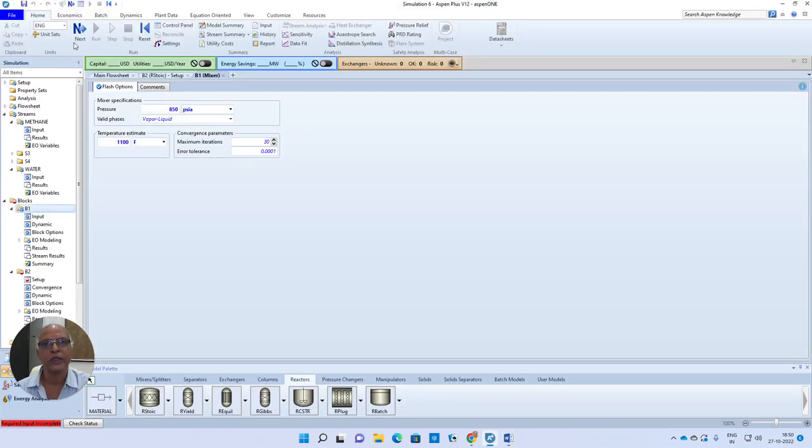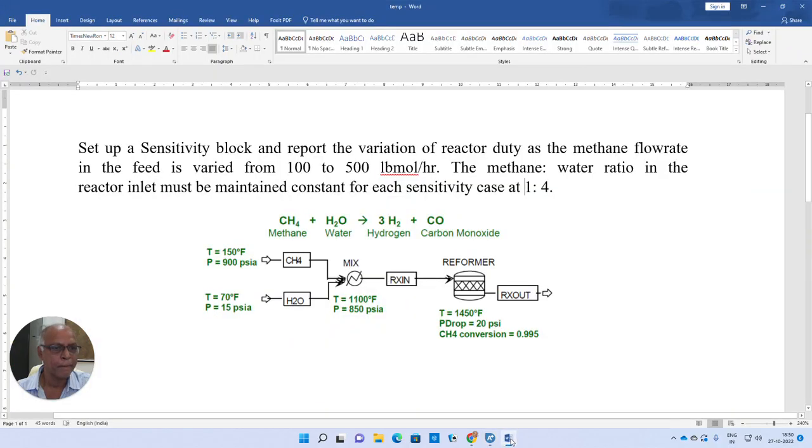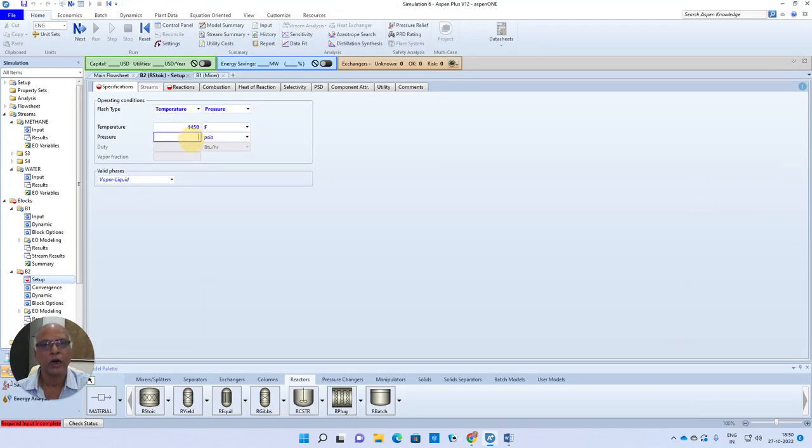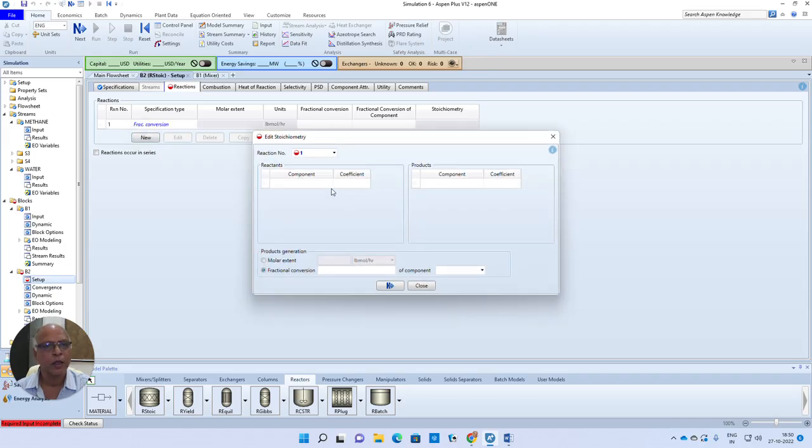So let us try to define this. So this is the reactor. The reactor is operating at 1450 degrees Fahrenheit with a pressure drop of 20 psi. So minus 20 indicates that any minus value defined for pressure will be taken as pressure drop. So this was taken care of. Next, we need to define the reaction.